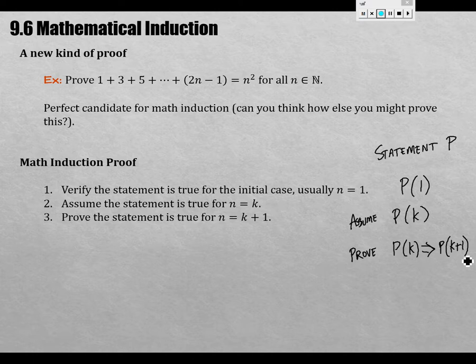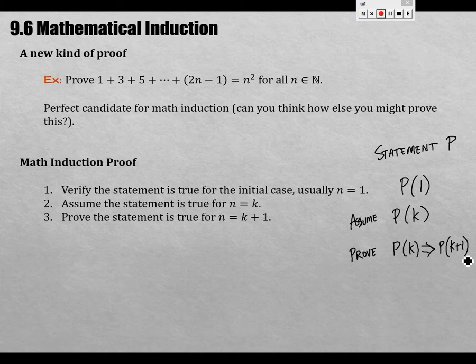So what does that do? I want to make sure you're clear on this. If I have a proof that just in general says that, if you happen to know it's true for one, then it must be true for the next, what does that tell you? Now this is a big if, right? This is a hypothetical statement: if this is true, then this is true. Well, what does that say?